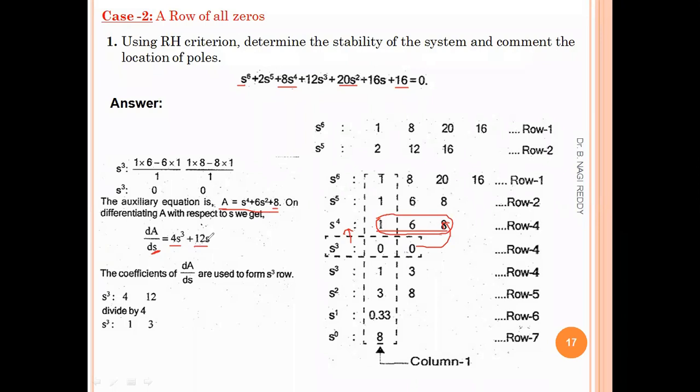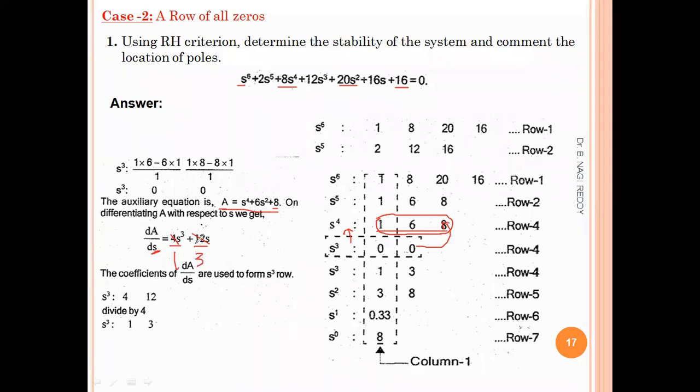Now what we should do is replace these zeros by these coefficients 4 and 12, because you can see here we got s cube. So in the place of the s cube row, we simply replace these coefficients. However, here 4 and 12 are both multiples of 4. If we simplify by dividing with 4, then we will get 1, and 4 threes are 12, so 3.